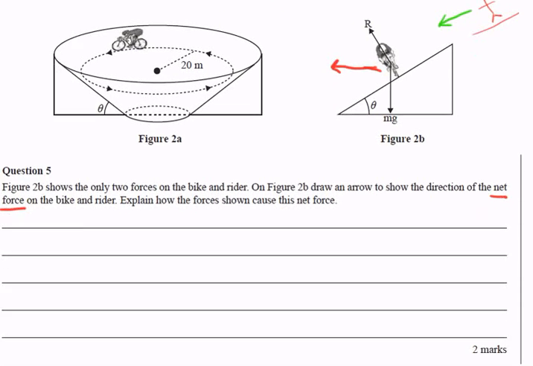And you have to explain how the forces cause this net force. And it's just going to say, why do those two equal that? And all we're going to do is forces add as vectors. So if I was to add these, I always add them head to tail.